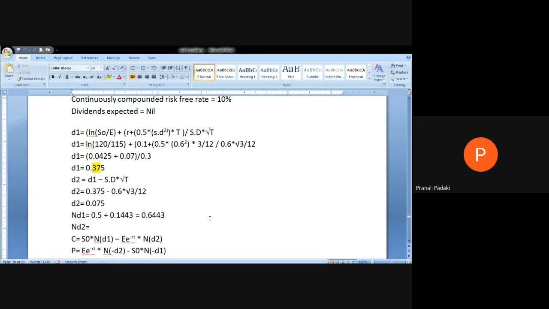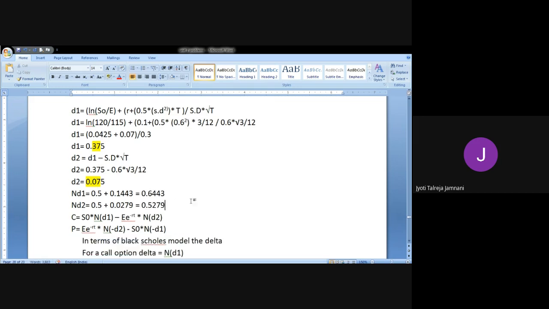Yes, ma'am. N(D2) is equal to 0.5 plus N(D2). We have to take the first two digits after the decimal, that is 0.07. So 0.0 in 7 we check. So when you check 0.0 in 7, you get the table value as 0.0279. 0.5 plus 0.0279 is 0.5279. So these are the values of N(D1), N(D2). Now we can find the value of a call option.